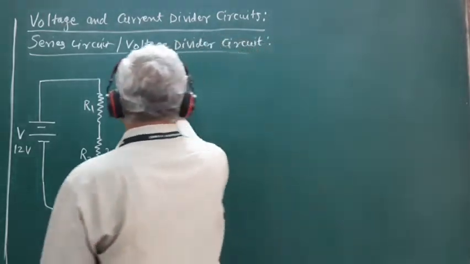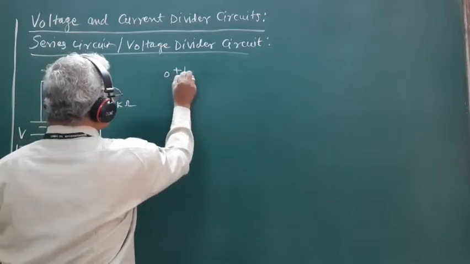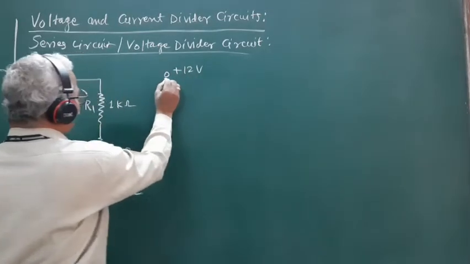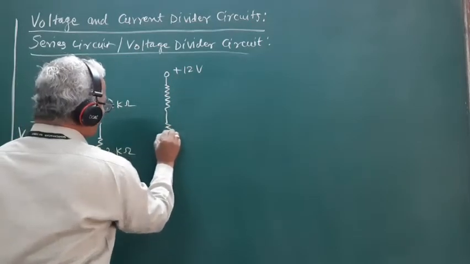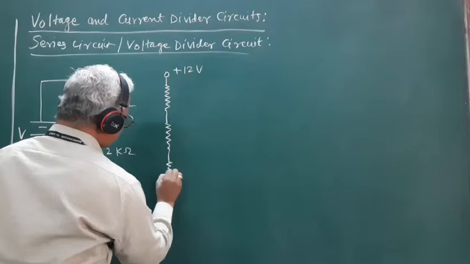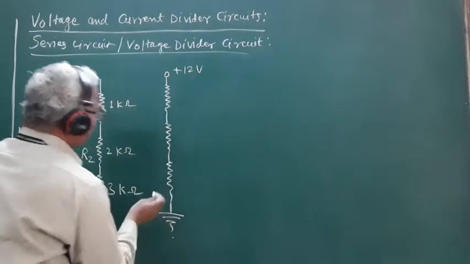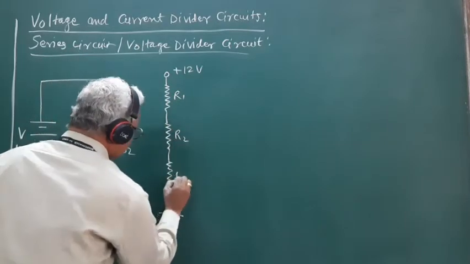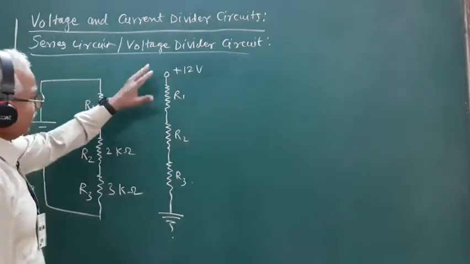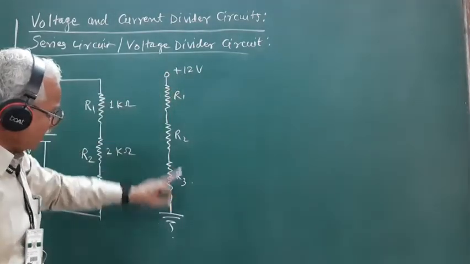The popular way of representing such a series circuit is like this. This is the positive terminal of the source of EMF and the three resistors R1, R2 and R3 connected like this. Only the positive terminal of the source is represented here, and the ground.